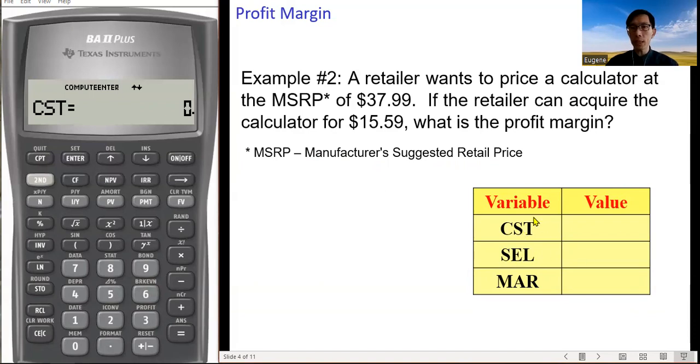The variable CST, 15.59, the cost. And the variable SEL, the selling price, $37.99. And we need to get the profit margin.